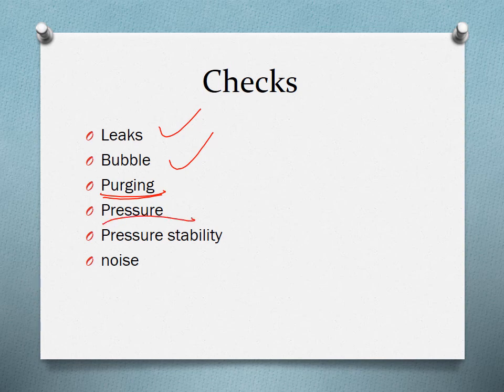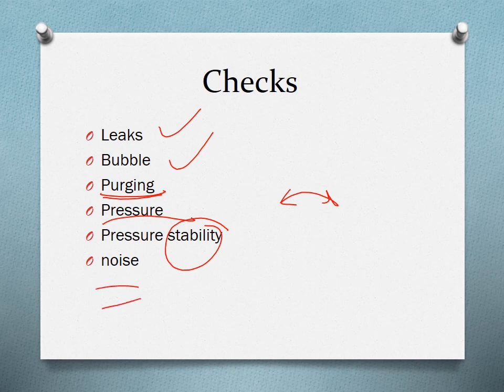Check for pressure, adjust the pressure, and check for pressure stability. If we have a pulsating pressure, so if we turn it on, the pressure goes back and forth or vibrates, something is up with the pump, and probably the impeller is not working very well, or probably the motor is weak, so you have to check for that.